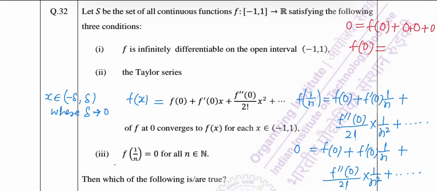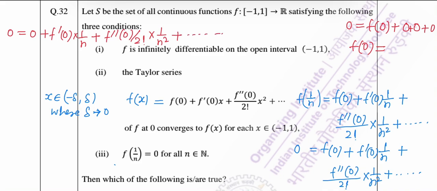This time you see here, in the same process you have to write this one, thereafter this one, and after that put the value of f(0), then you will have 0 equals to f(0), and that is 0, plus f'(0) into 1 by n, plus f''(0) by factorial 2 into 1 by n squared, and so on.